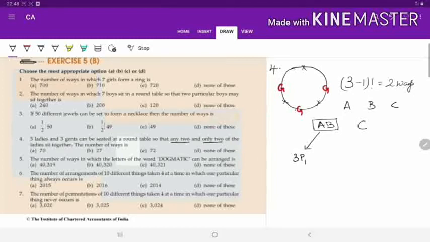A and B within themselves can rearrange in 2P2 ways. So 3P1 is 3 ways and 2P2 is 2 ways.